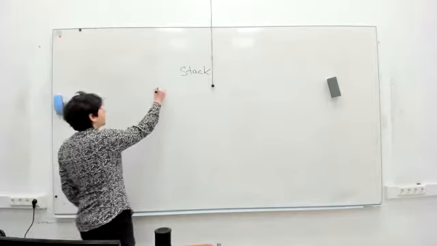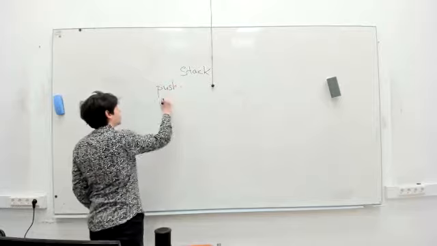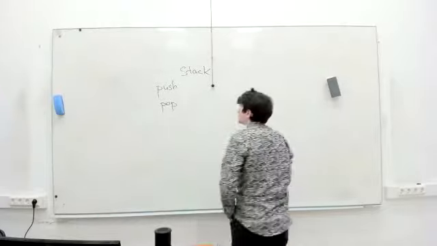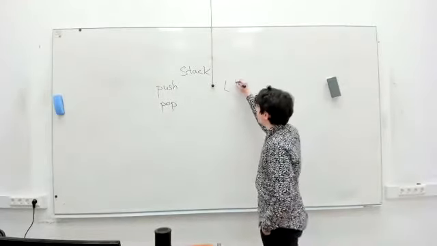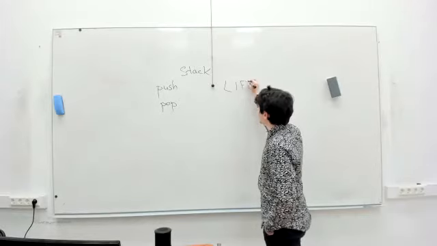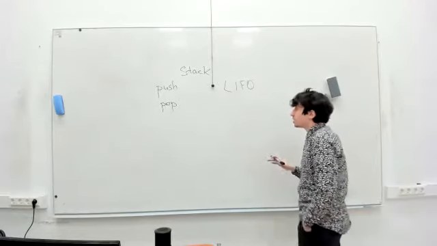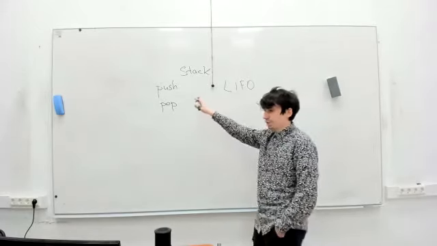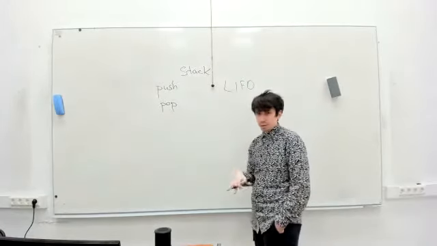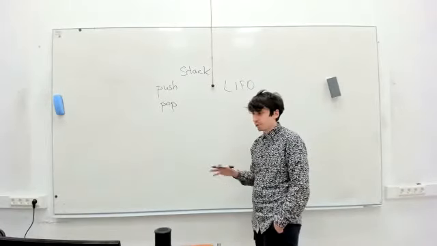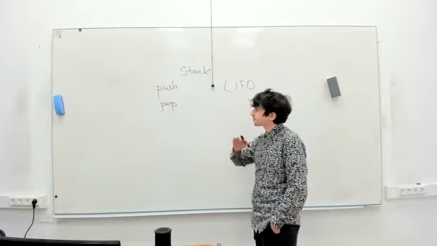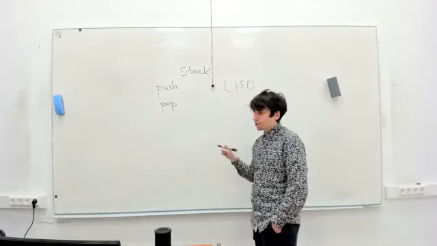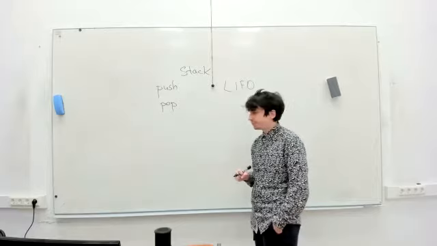So stack operates with two operations, push and pop. And as Ekaterina said, it is LIFO. What does it mean? Last in, first out. The push operation puts an element into this data structure, our black box, and pop withdraws the last inserted element.